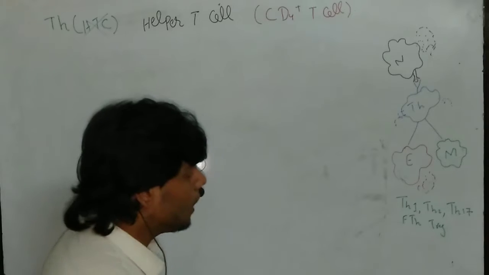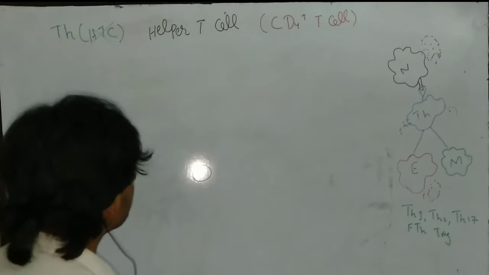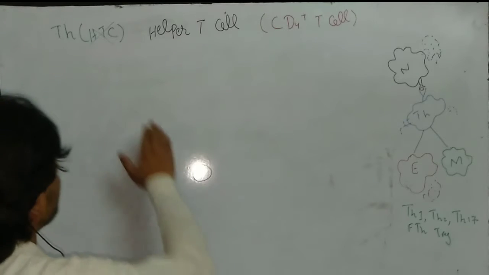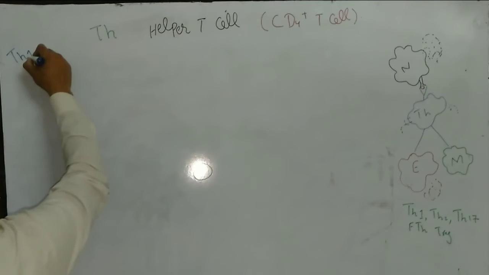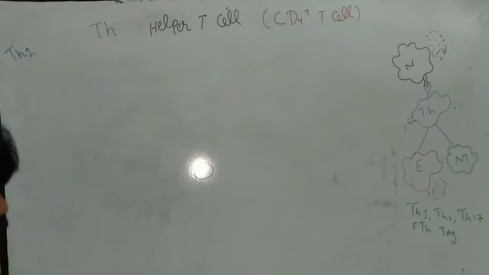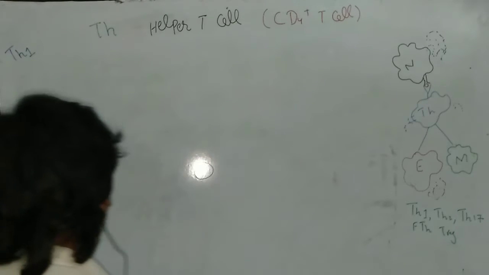Okay, now let's talk about helper T cell in much more detail. First of all, let me explain the helper T cell 1. T helper cell 1. You know, this type 1 helper T cell will be activated against intracellular infection.